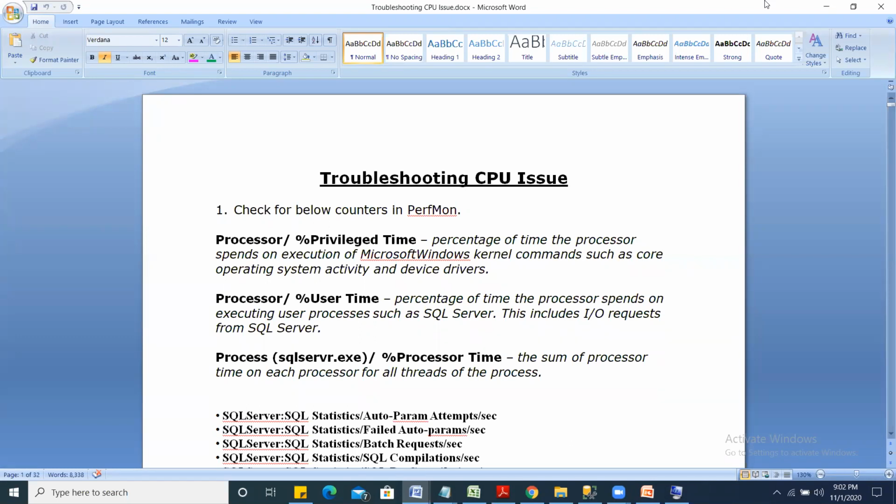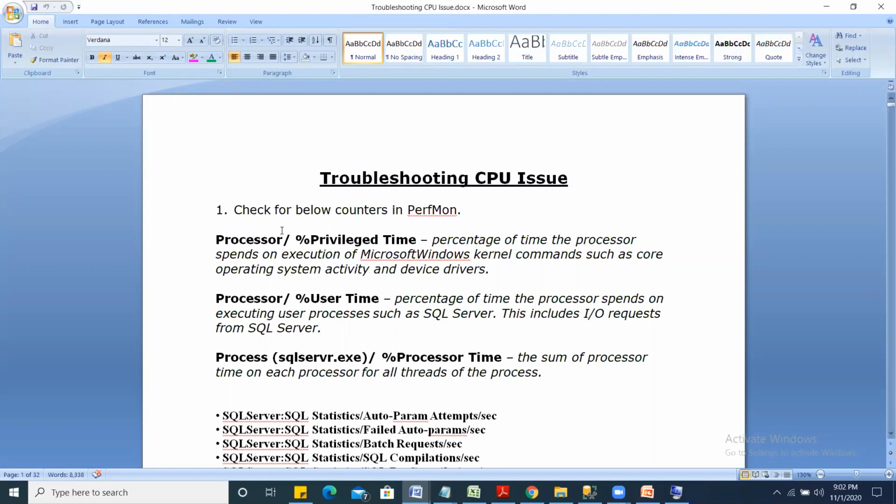So what should you look for first? You must determine whether the maximum CPU is being utilized by the operating system, SQL Server, or any other application.